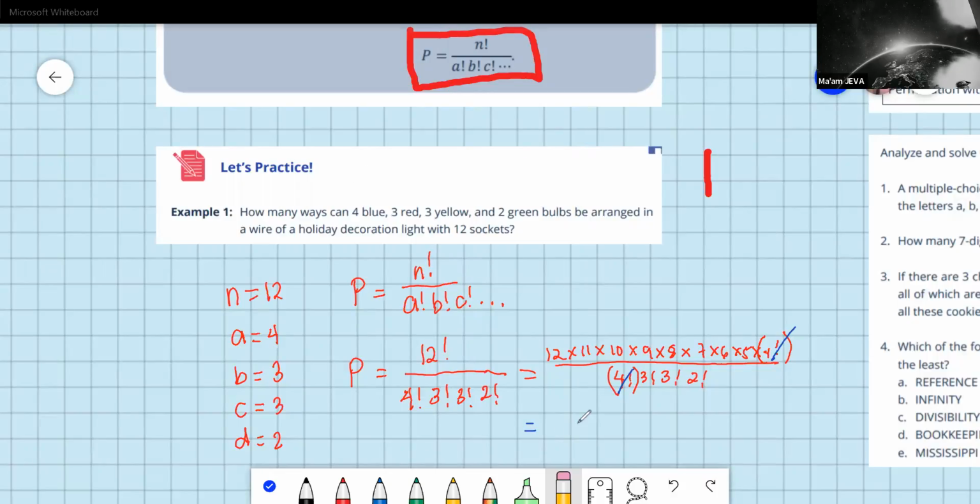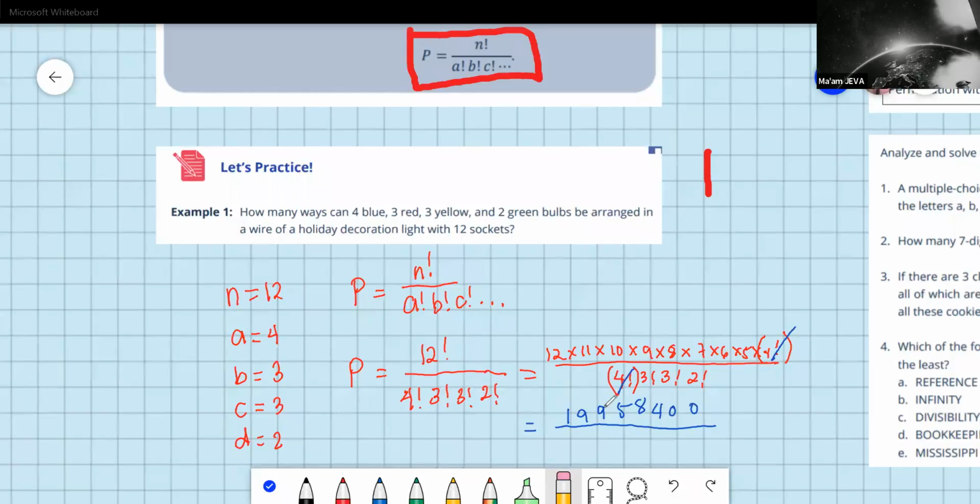What is the denominator? 3 factorial is 6, so 6 times 6 times 2. Please confirm with your calculators if it is correct, or if there is a correction, just inform me or ask if you have questions. So 19,958,400 over 6 times 6 times 2.